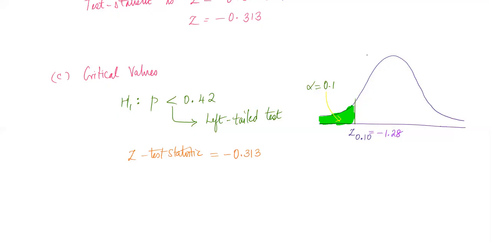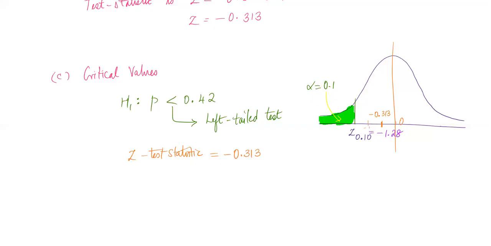For perspective, this is your z equals 0, on a z scale. The z test statistic is going to be somewhere there. Maybe negative 1 is somewhere here. So negative 0.313 is over there, which is outside the green shaded region.